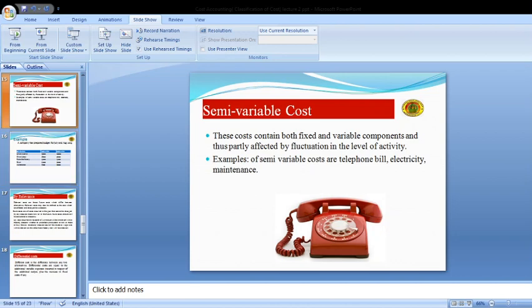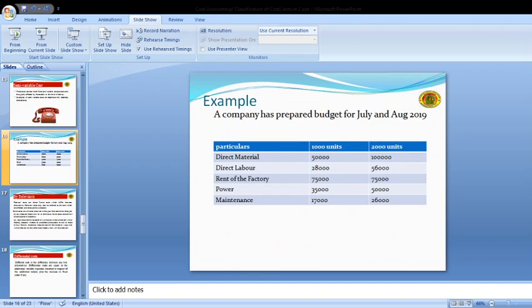Now for 2 months, let us say July and August. For the first month the units are 1000. For the next month it is 2000. Now you can see here costs are given and you have to identify them as fixed, variable or semi-variable.